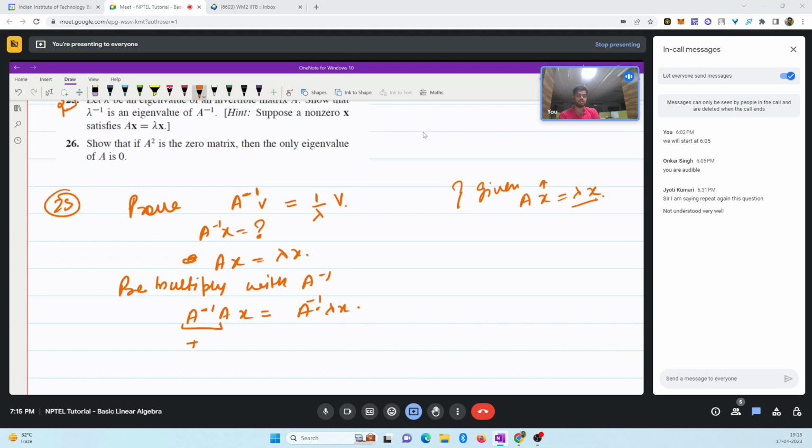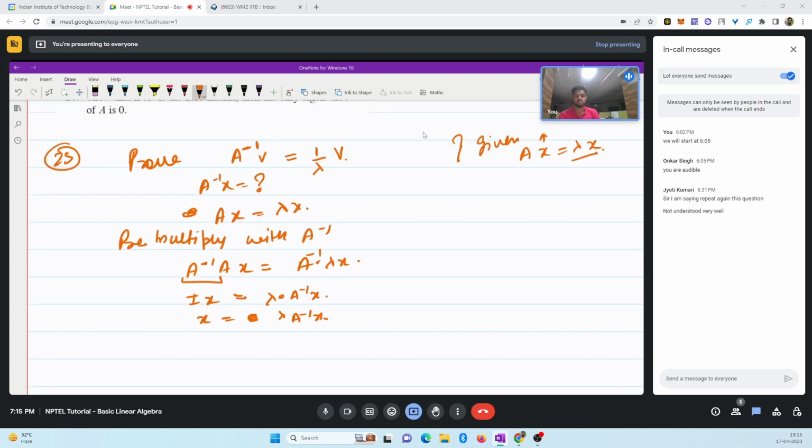A inverse into A is identity times x, which is lambda into A inverse x, right? So this is x is equal to lambda A inverse x. If you take lambda to this side, this becomes A inverse x is equal to 1 by lambda times x, right?